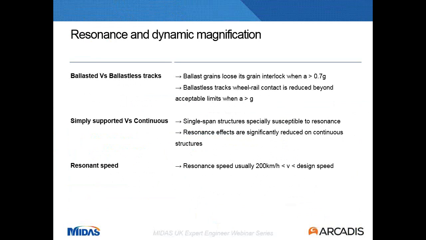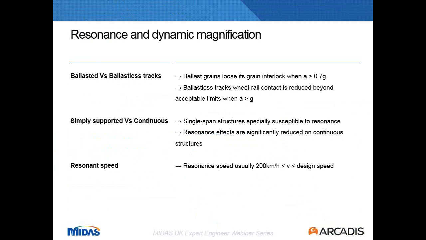What is the difference between a line that is on ballasted track or a line that is on ballastless track? Well, these problems of resonance and deterioration manifest in different ways. If you have ballast, when the accelerations in your deck exceed 0.7 g, the acceleration of gravity, then the grains in the ballast lose the interlock between the grains, and they're not able to withstand horizontal and vertical forces anymore.